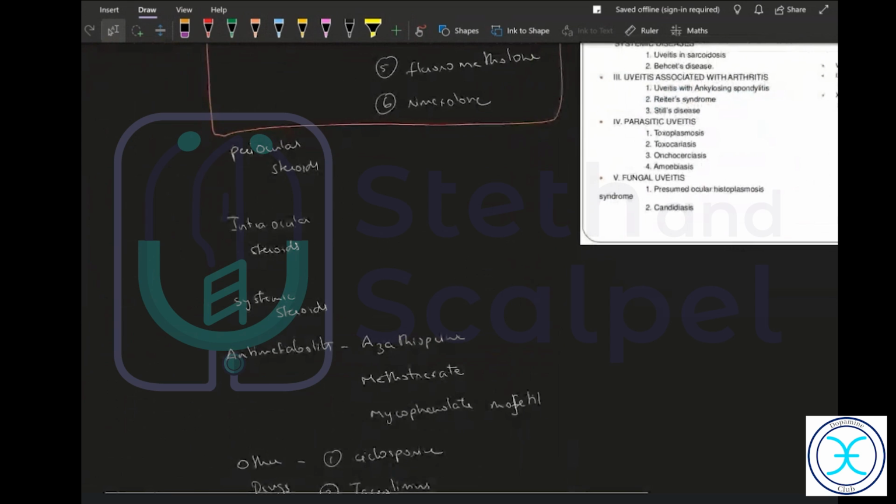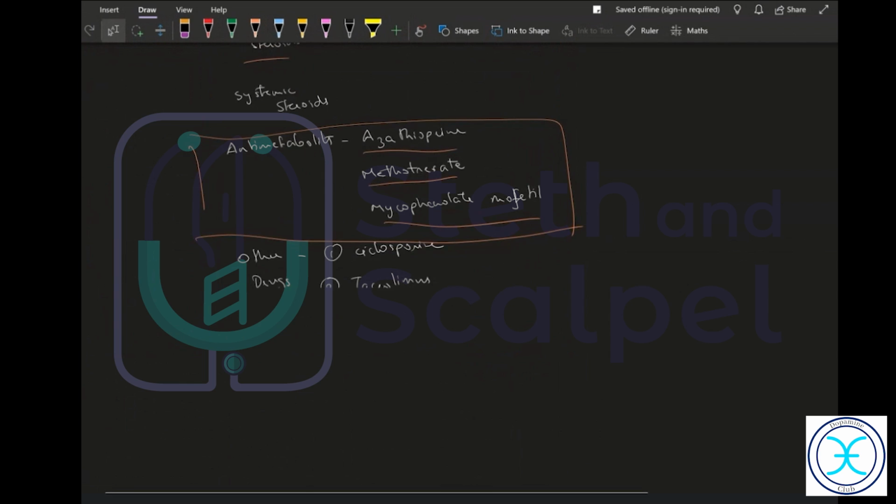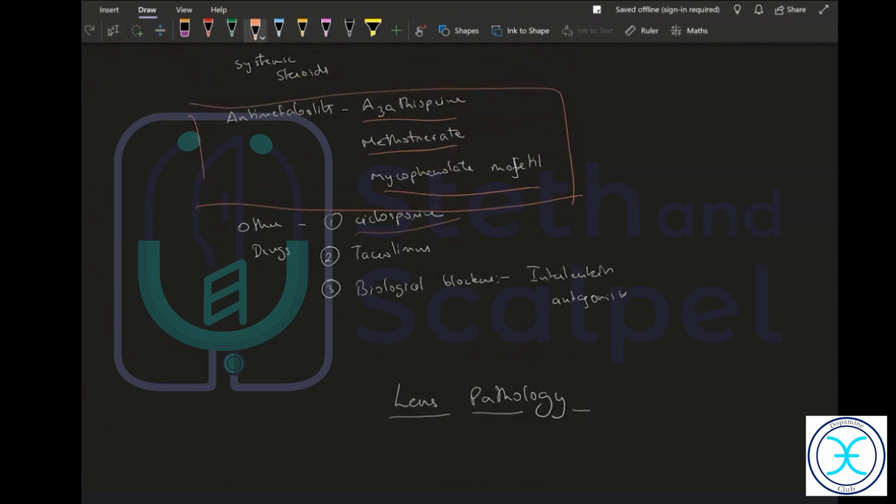And then there are periocular steroids, intraocular steroids, systemic steroids, and then antimetabolites, which are like your cancer drugs: azathioprine, methotrexate, mycophenolate. Newer drugs are cyclosporine, tacrolimus, and biological blockers like interleukin antagonists.